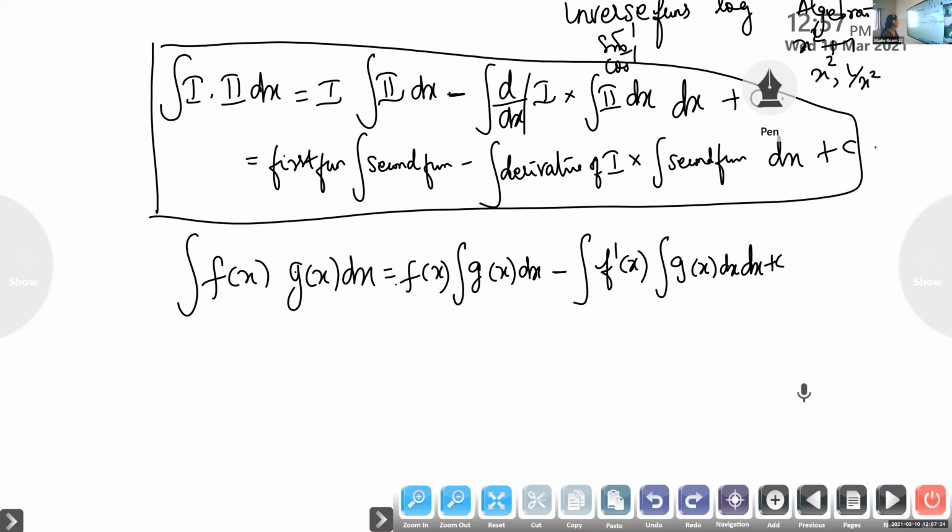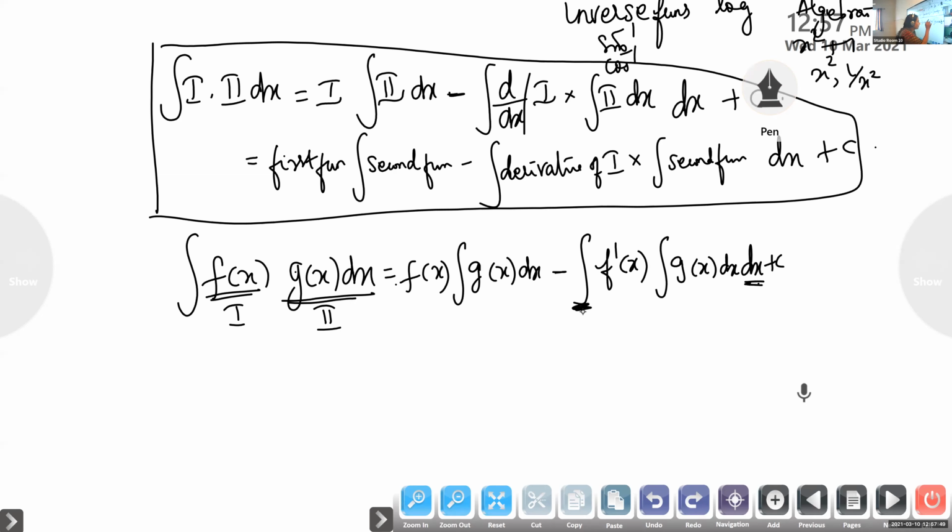First function, we are denoting it as f of x. Okay, this is just a notation. Instead of f and g, any notation can be used. So first function into integral of second function minus integral of derivative of first function, integral of second function, and this dx is for this integral.